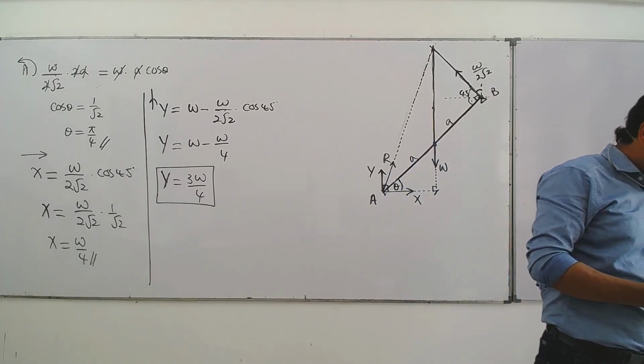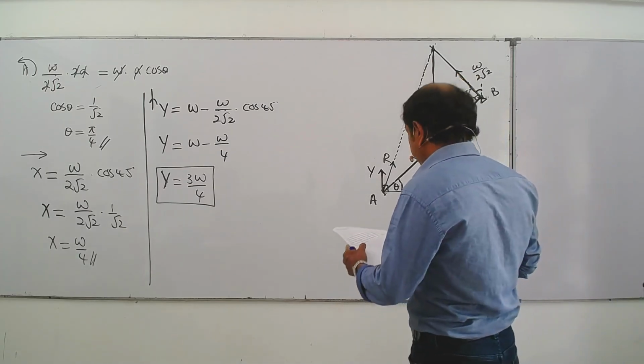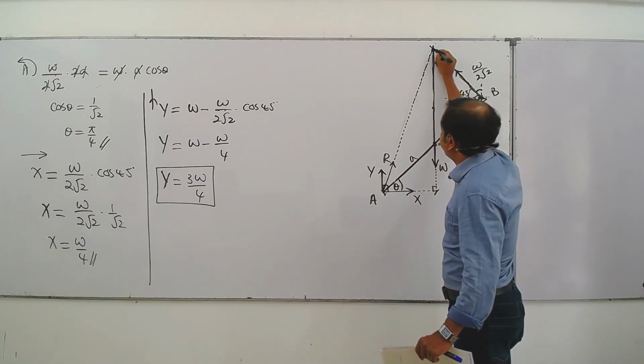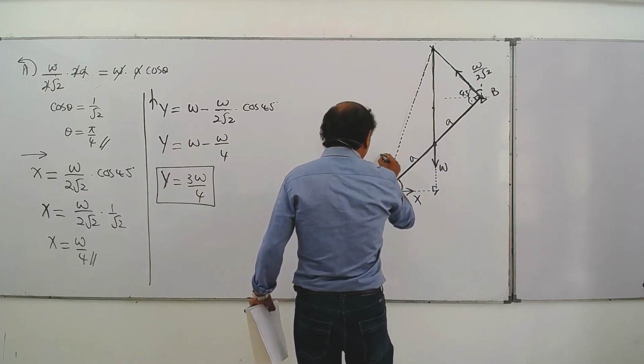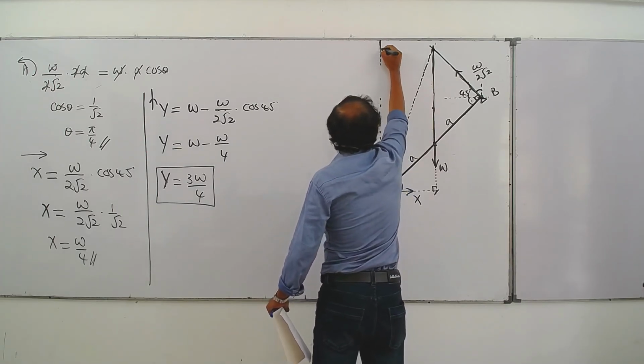What is the distance of the point at which the reactions at A and B meet from the wall? This is the point they meet. The wall is along this y, when we draw a vertical line, that is the wall.